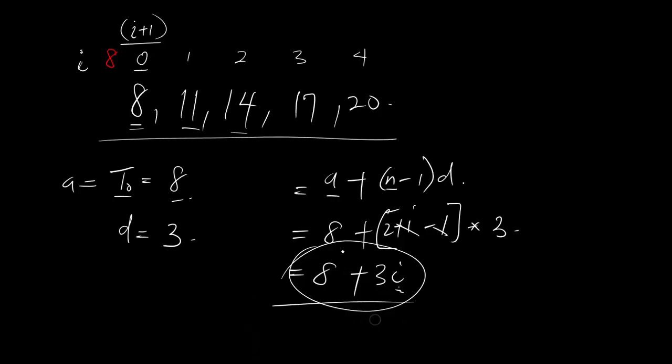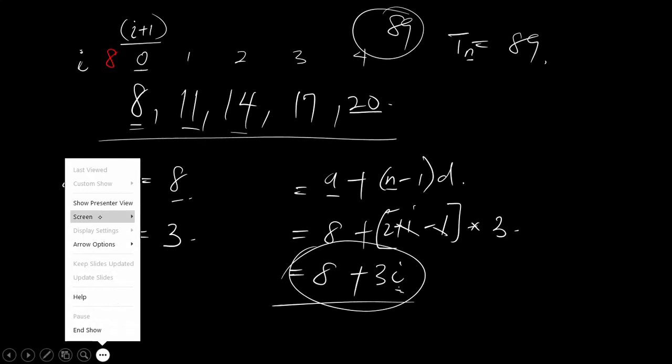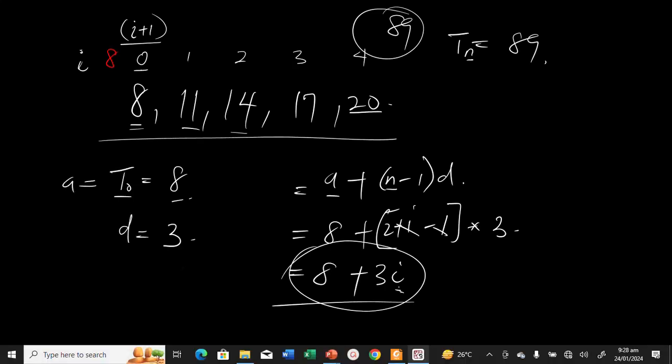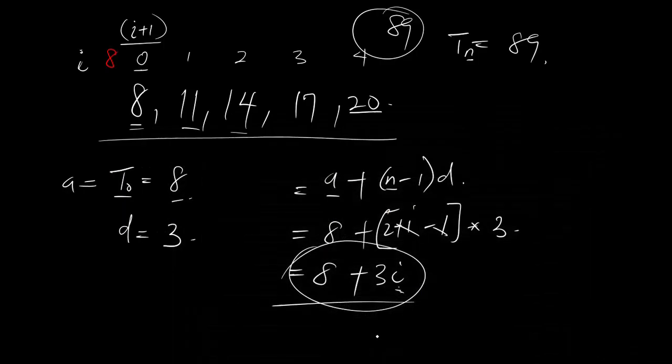Now, for us to get the last number, we just say Tn, the last number, which is 89. So at the nth term, let me see, 89, yes. Now, using the formula, the nth term will be a plus n minus 1 times d.